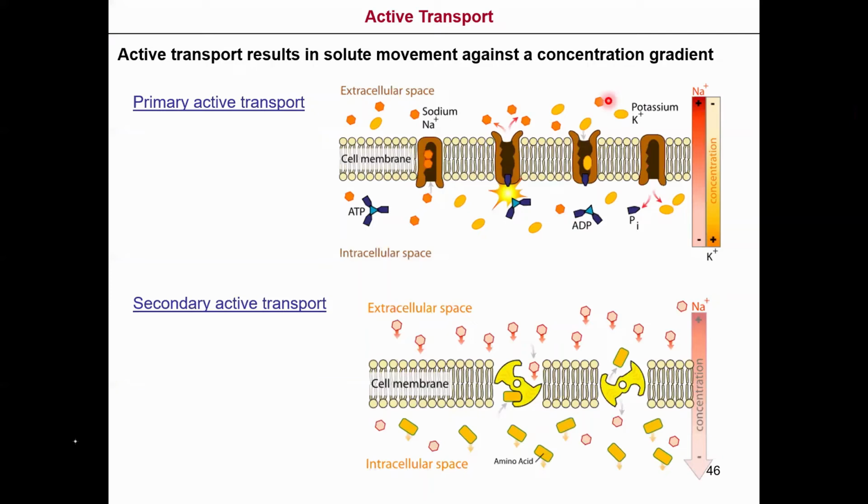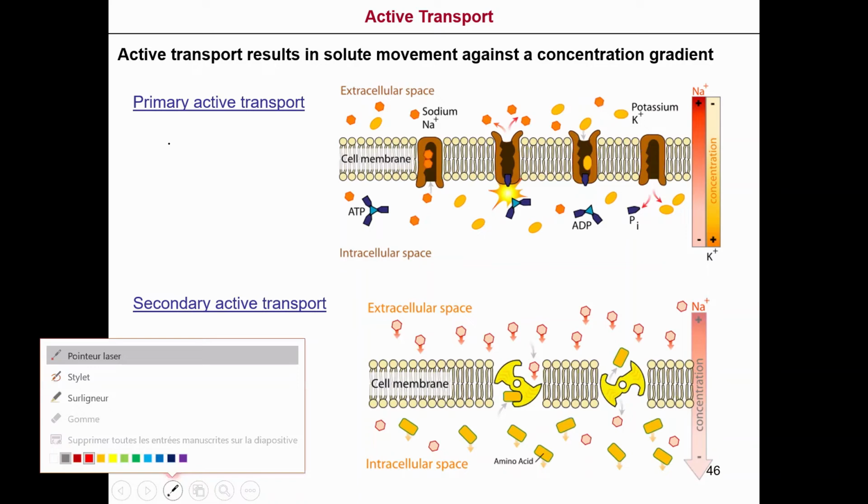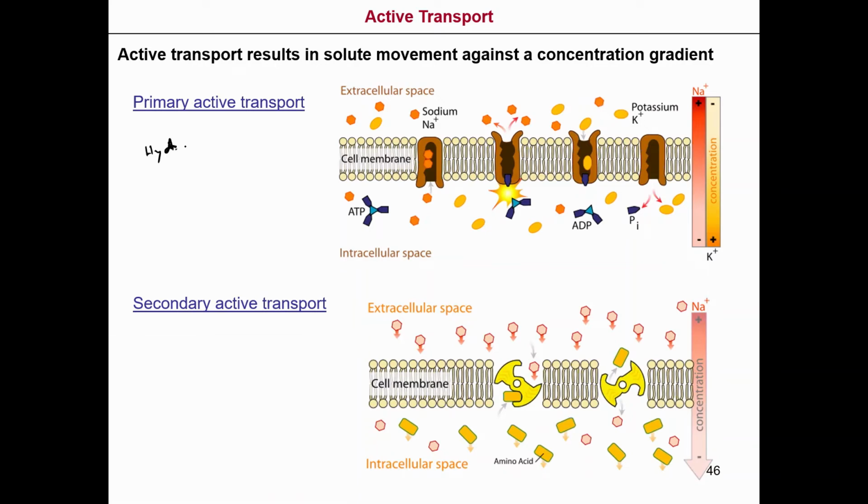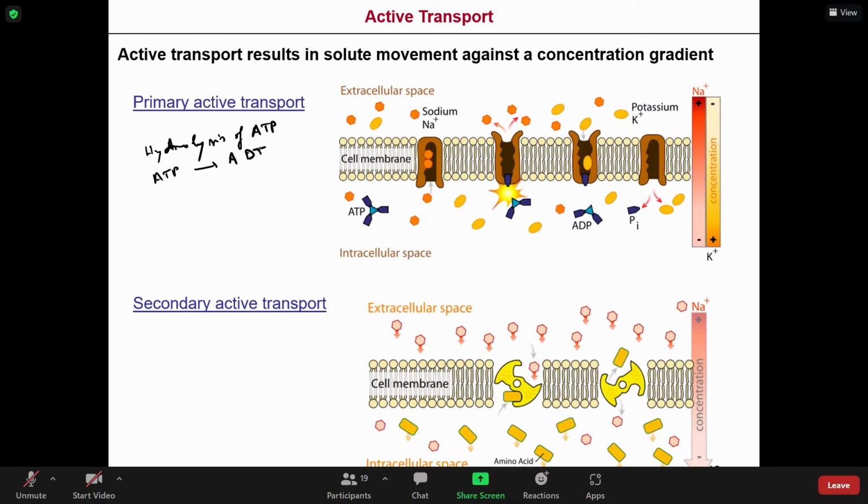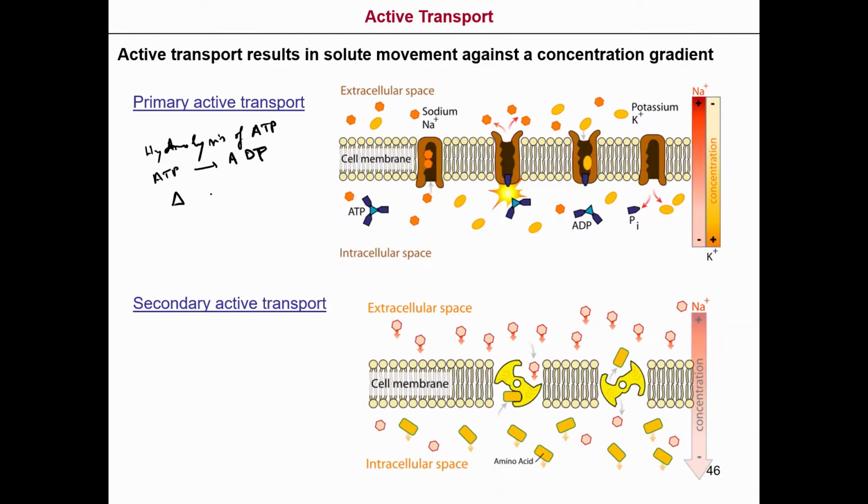The energy given by the hydrolysis of ATP will allow the transport of the potassium from the low concentration to the high concentration compartment, okay? You should know that for the hydrolysis of ATP, the reaction from ATP to ADP, the delta G 0 is around minus 30.5 kilojoules per mole, okay?